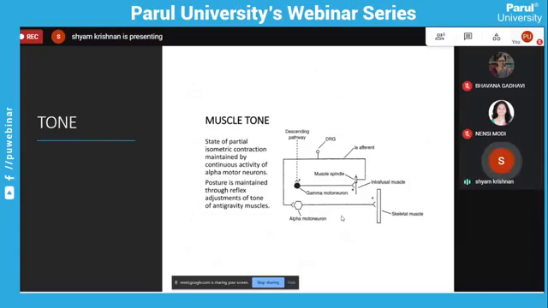So the alpha motor neuron is innervating the extrafusal muscle fibers. Whenever you're talking about tone, it is essentially an alpha motor neuron input into the muscle. That is being activated, and that is causing a state of partial muscle contraction, and isometric at that.